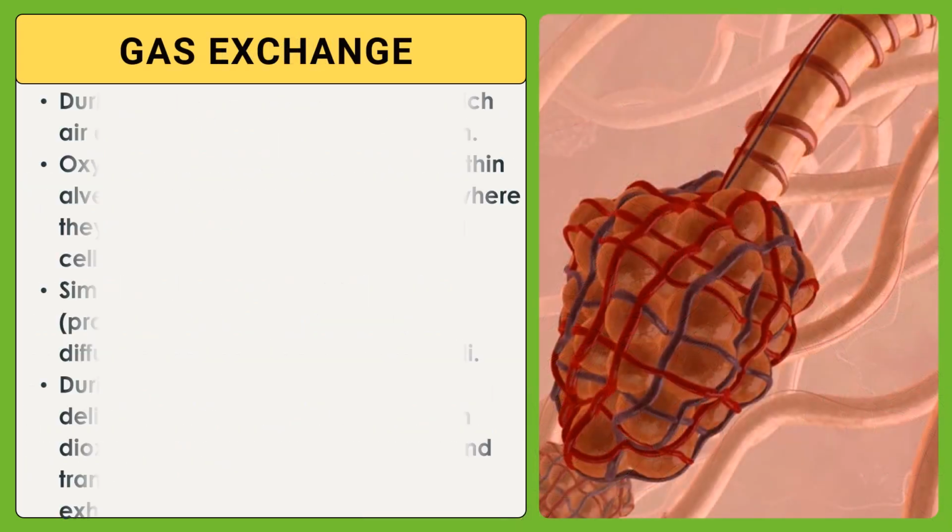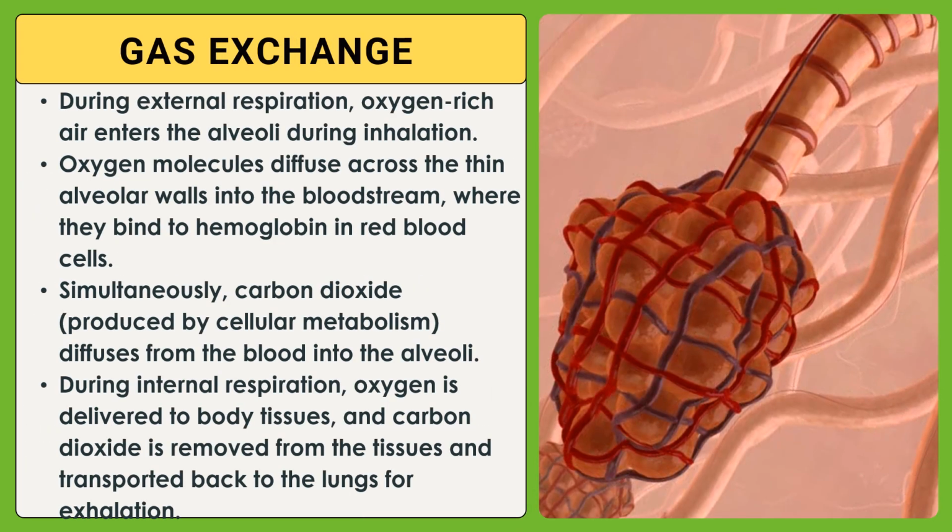Gas exchange. During external respiration, oxygen-rich air enters the alveoli during inhalation. Oxygen molecules diffuse across the thin alveolar walls into the bloodstream, where they bind to hemoglobin in red blood cells.